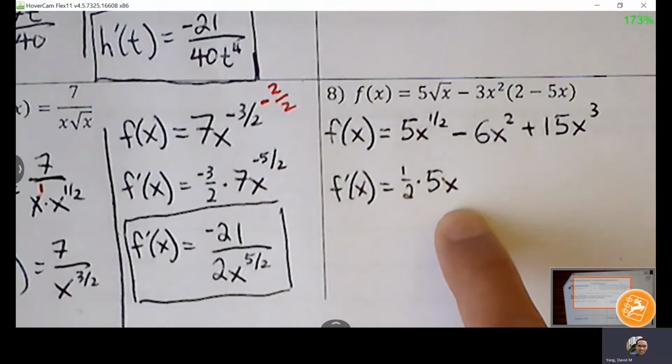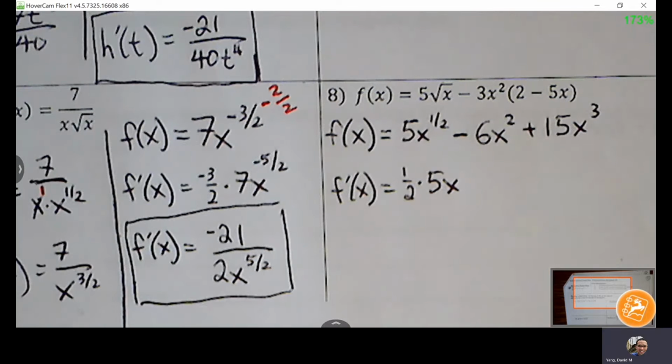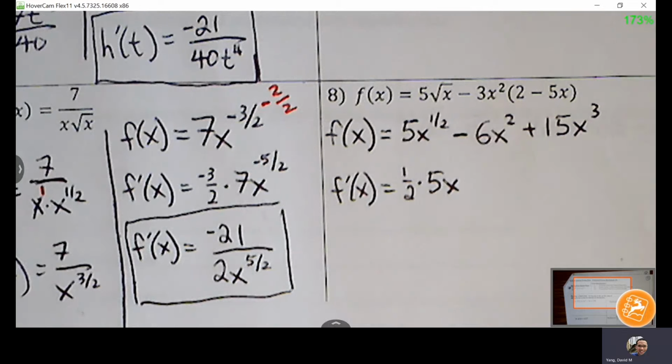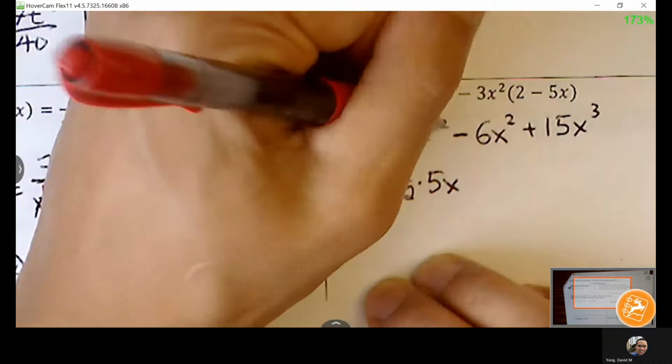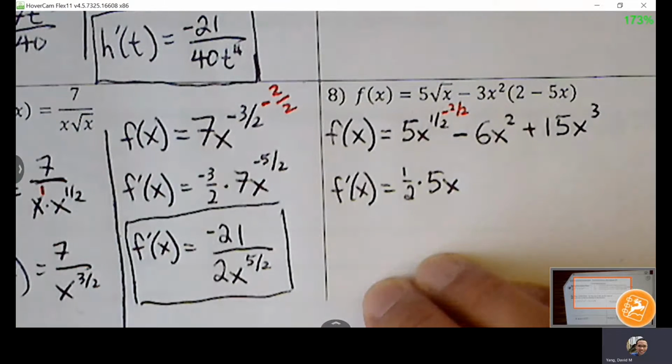Okay. Now we can do power rule. What's my new exponent for my first term? Yeah, okay, good. 5/2 is the coefficient, but what's my new exponent though? What does that 1/2 turn into? -1/2.